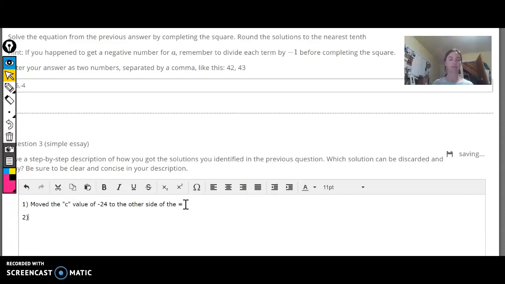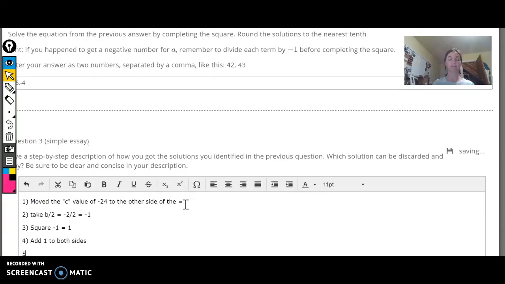The second thing that we did was take b over 2, negative 2 over 2, negative 1. The third thing we did was square negative 1. Fourth thing we did was add 1 to both sides. Fifth thing we did was factor the left side to r minus 1, and then that was squared.